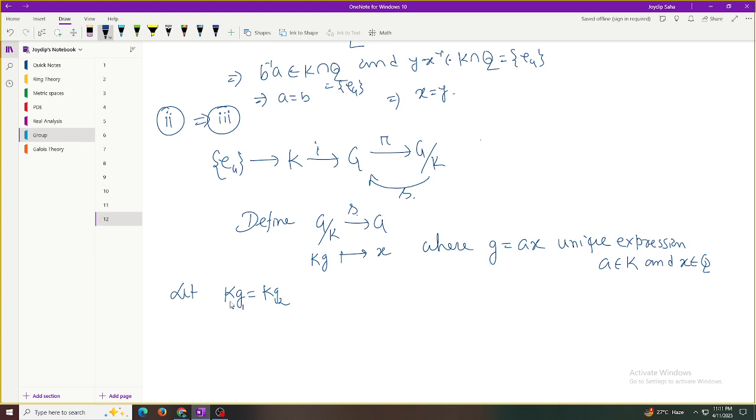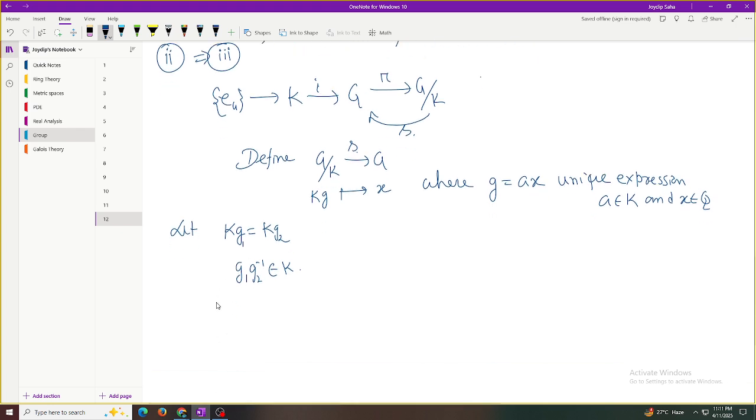That means two left cosets are equal when g1 g2 inverse belongs to K. Now let g1 equal a1 x1 and g2 equal a2 x2. So g1 g2 inverse is a1 x1, sorry, x2. I should write x2.